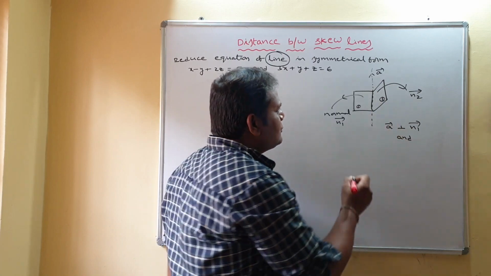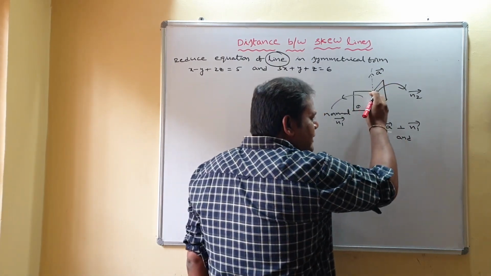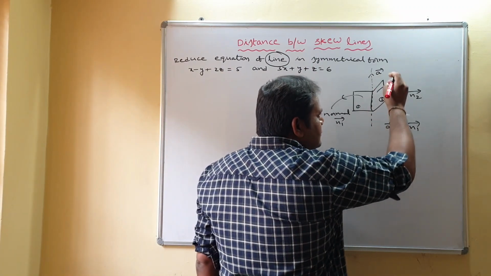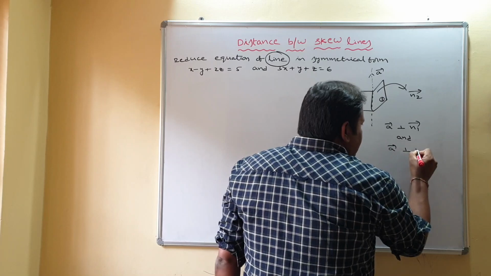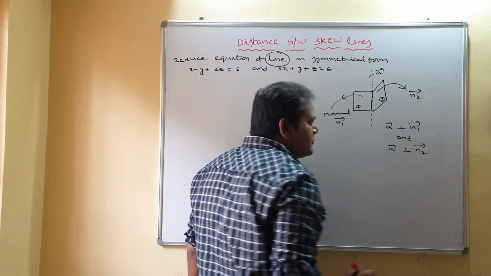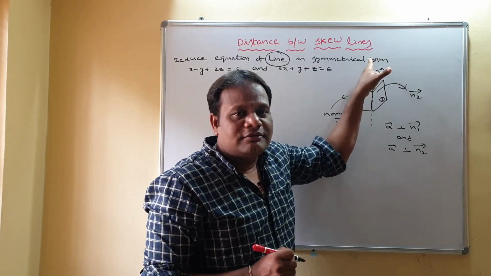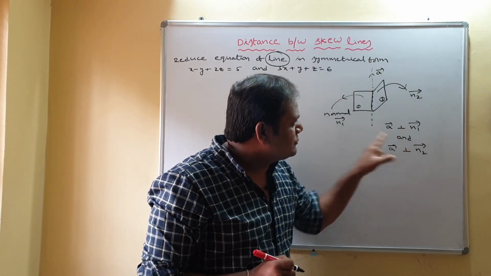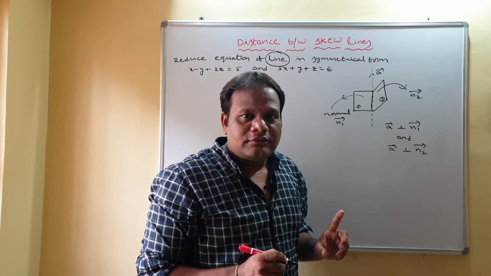Yes. So the required line is perpendicular to the normal to the second plane. So A bar is perpendicular to n2 bar.